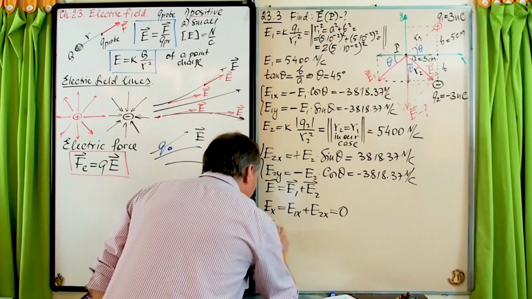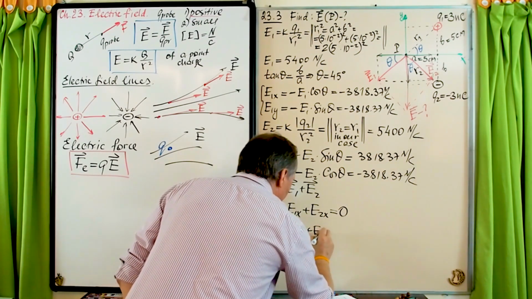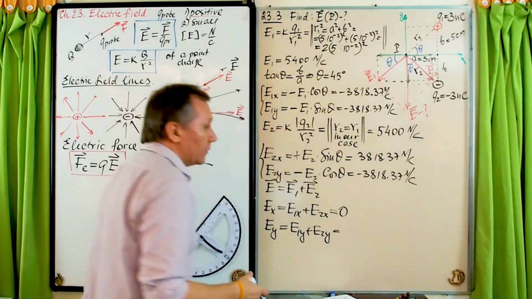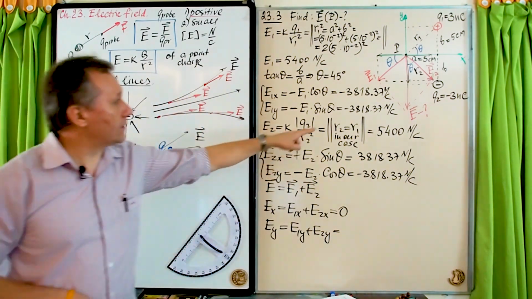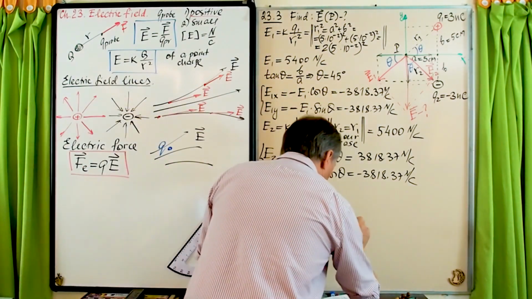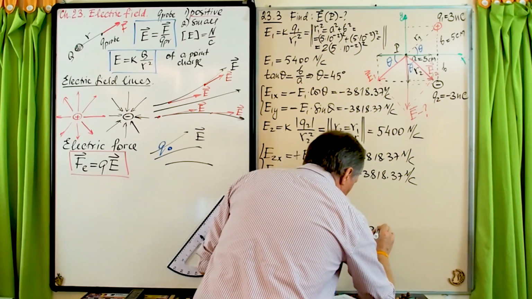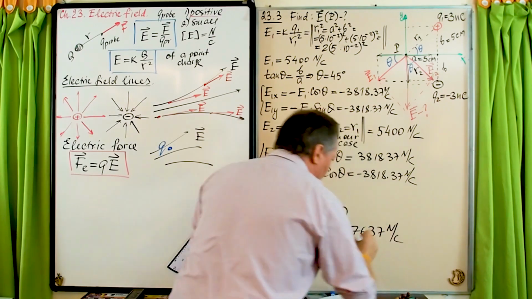And E sub y will be E1y plus E2y. They add to each other, both negative. So you are going to get minus 76.37 newtons per coulomb.